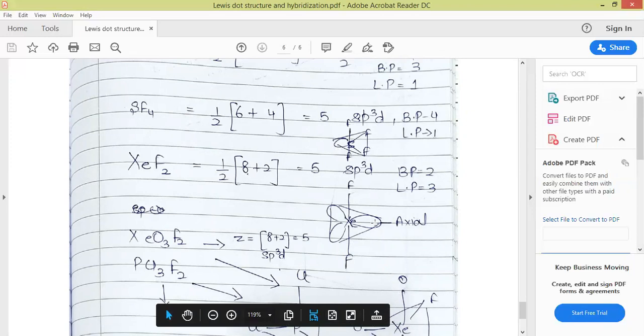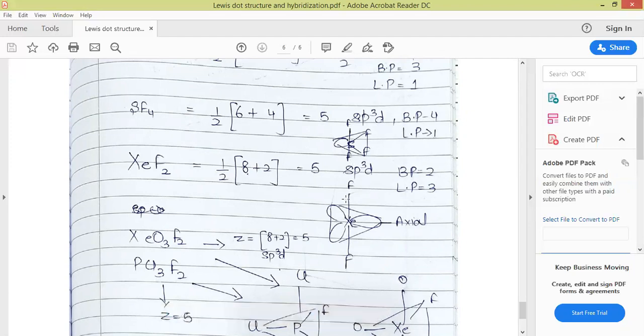Here we can see that this is called the axial position and this is called the equatorial position. It is always accepted that the more electronegative atom is present on the axial position, and the lone pair is considered more electronegative in comparison to fluorine. So it is always kept at the axial position rather than on the equatorial position. So this gives the molecule the desired shape, that is seesaw shape.